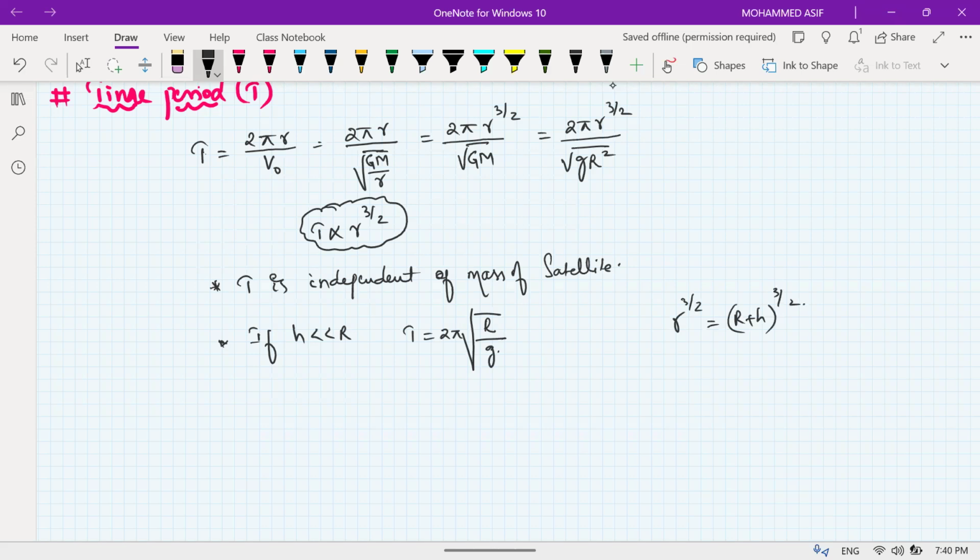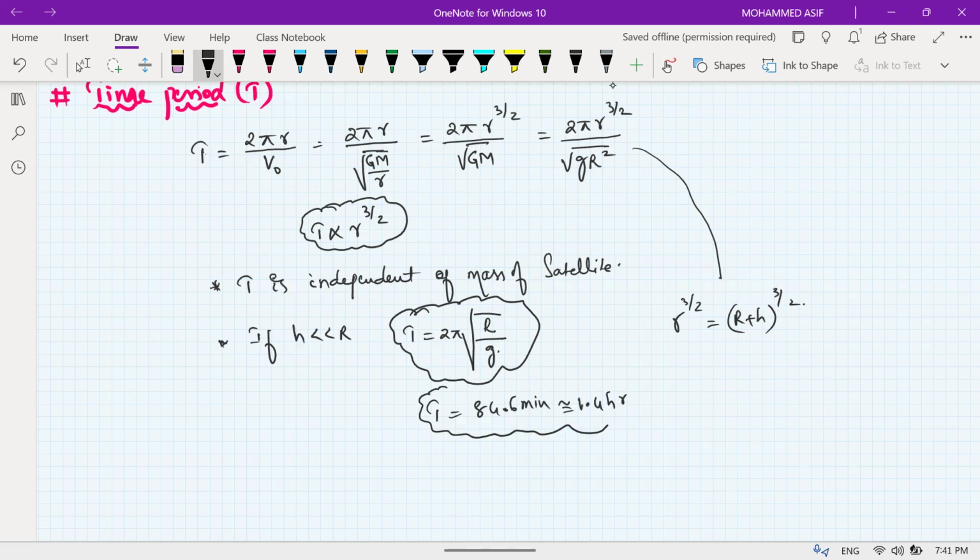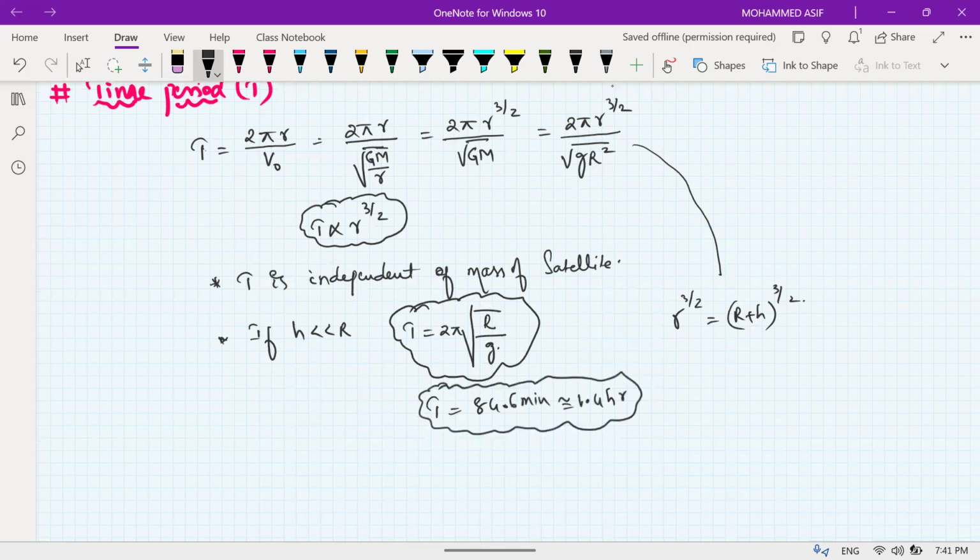So if I substitute this value and compare these two equations, we get time period T equals 2 pi under root of R by g. And the value of this time period is 84.6 minutes, that is approximately 1.4 hour for one complete rotation. So this is the time period of your satellite if it is very near to the surface of the earth. Am I clear? Next one.